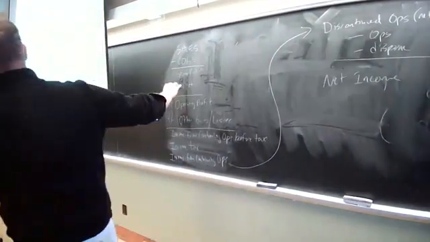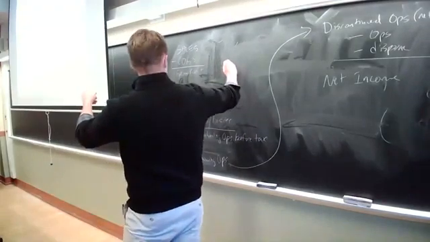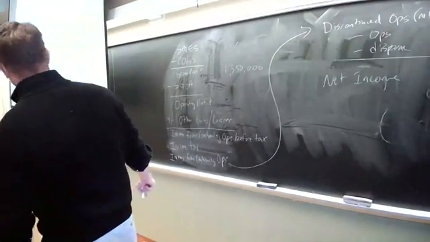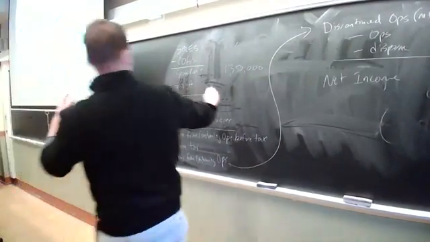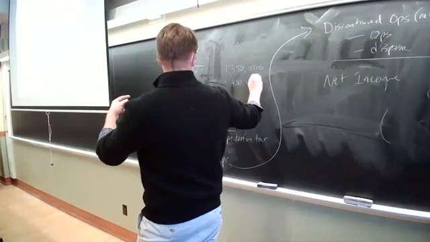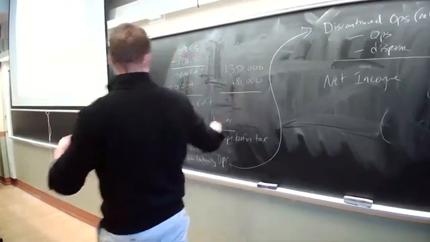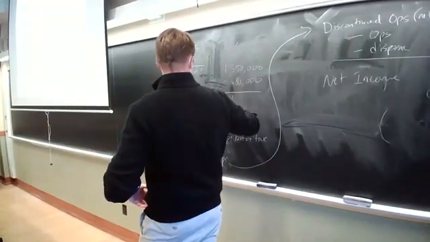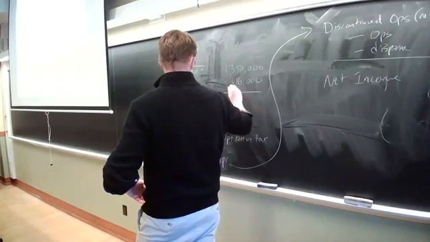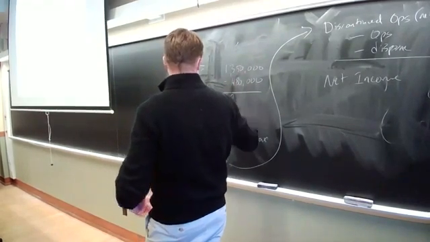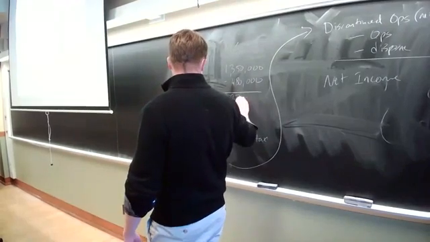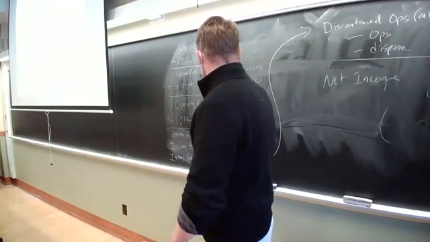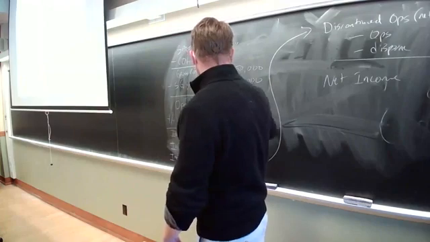So we had gross profit of 1,350. We have SG&A of 480. So we can get operating profit of 870,000.